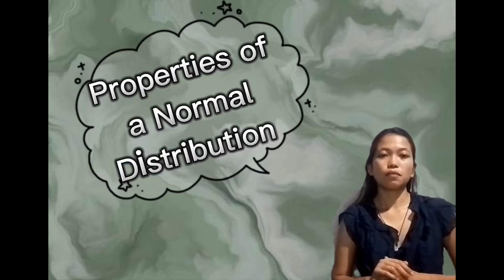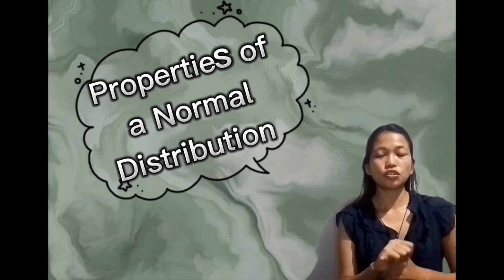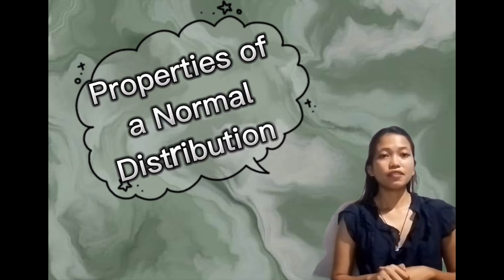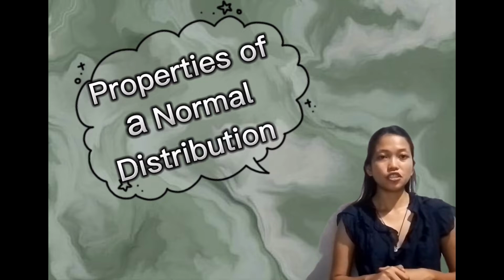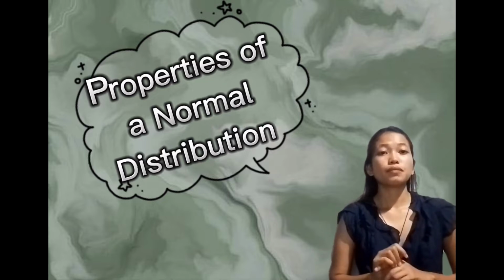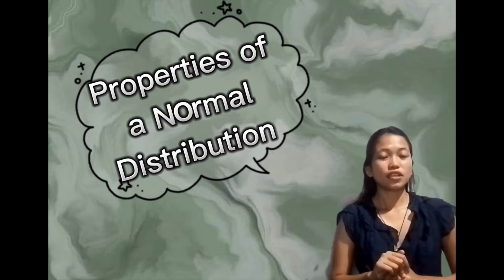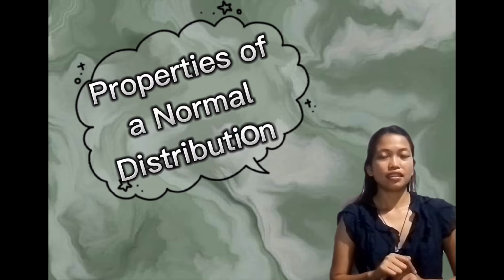Now, let me tell you about some important properties that we should remember in a normal distribution. As Wendy said in the definition, a normal distribution is a probability distribution symmetric to the mean. And when graphed, it will form a bell-shaped curve. To attain this, we should take note of the following properties.